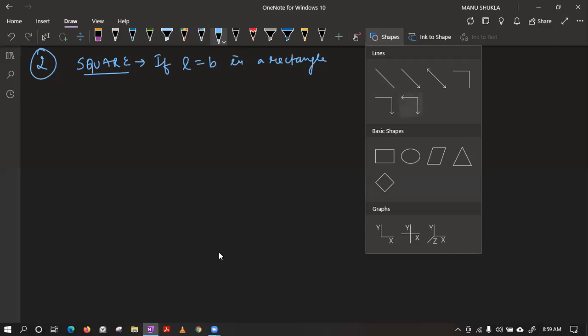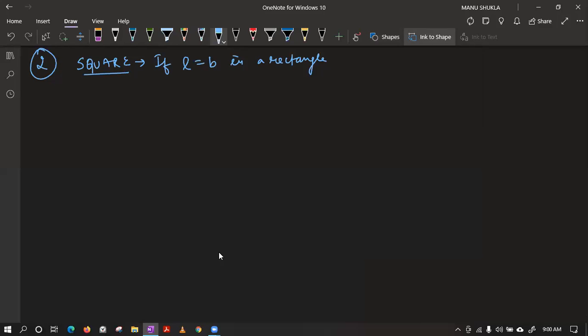Let me make a square using this only. One second. This also can be used. Okay. So A, B, C, D. In this, there are also length and breadth, but they are the same.